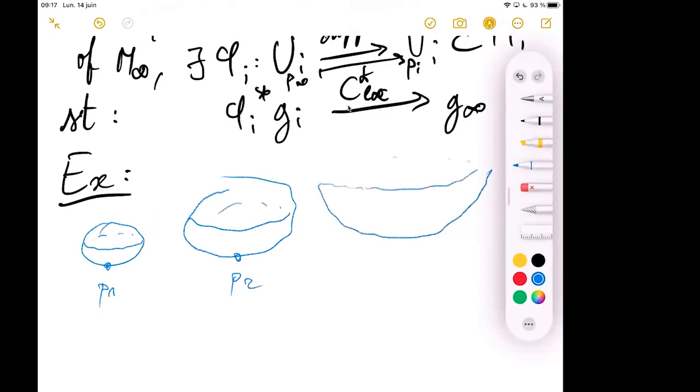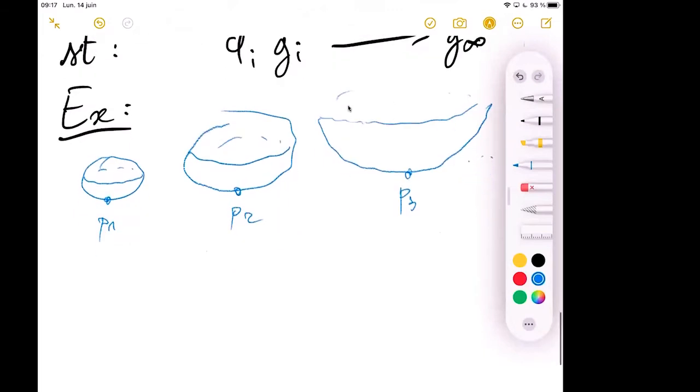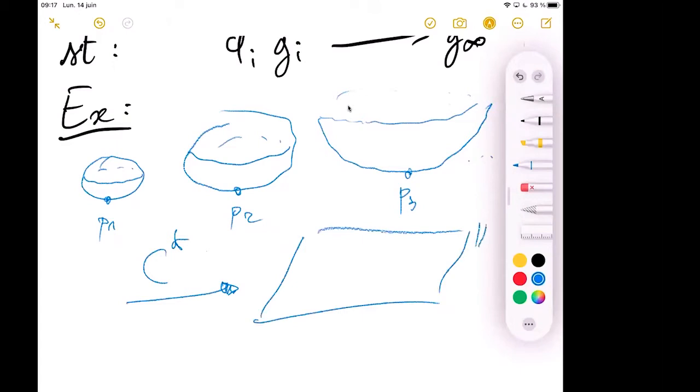So imagine this is a very large round sphere, P3, and so on. So the radius of Mn is n. And so this converges as pointed manifolds to flat Rn with the origin, let's say, though it doesn't really matter in that case.